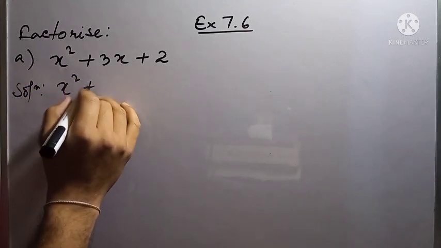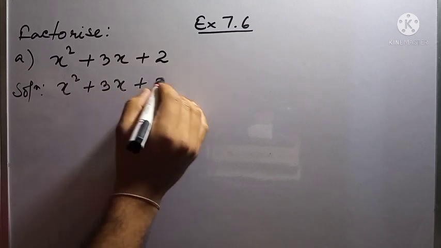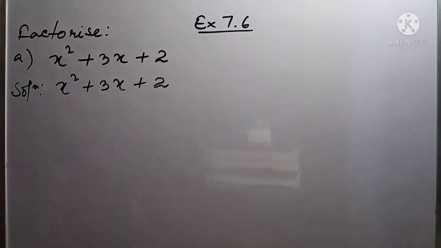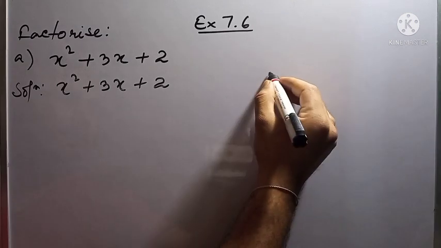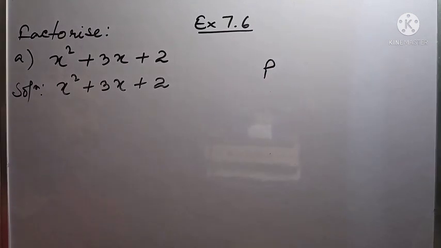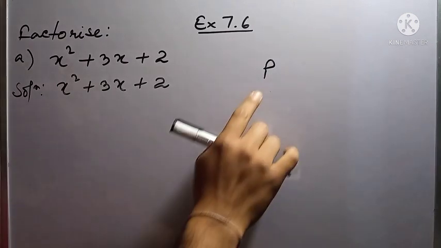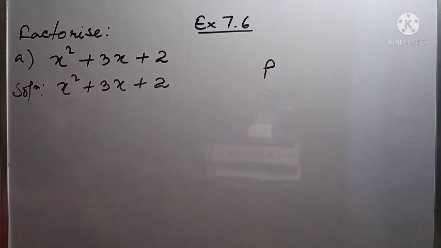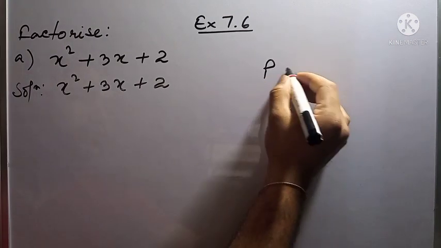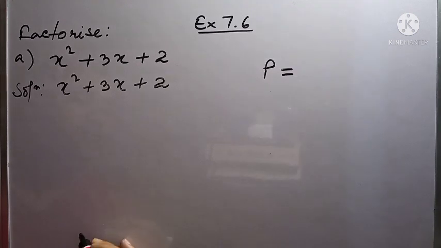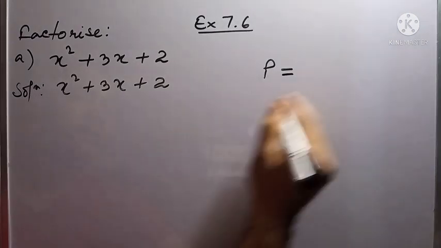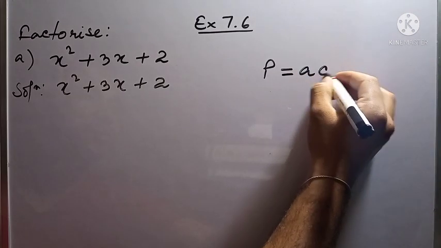x squared plus 3x plus 2. For the first question, I'll give the full explanation. Let us see how we are going to factorize. First, let me write here P. P means product. The product will be given by a into c.